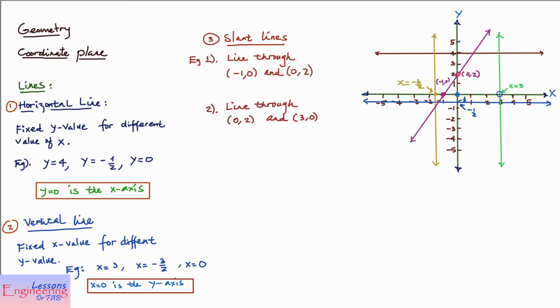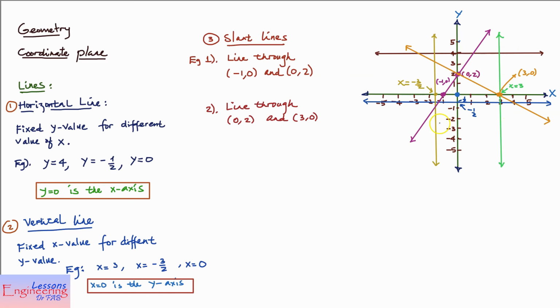That is that point there. So we're looking at a line that connects these 2 points. Again we'll be attempting to draw a line that connects them. So we have that line that passes through 0, 2 and 3, 0.